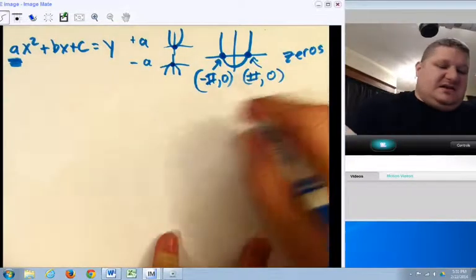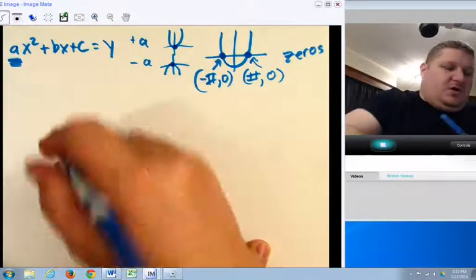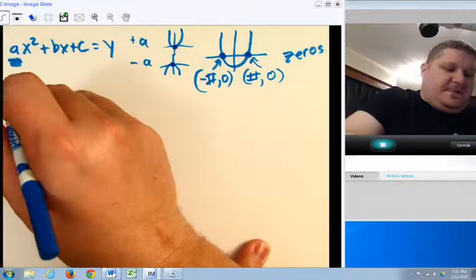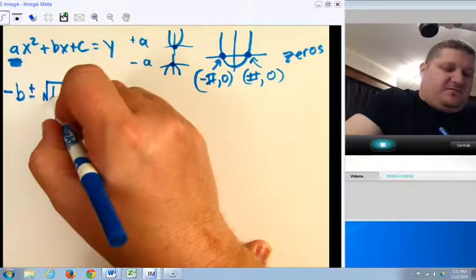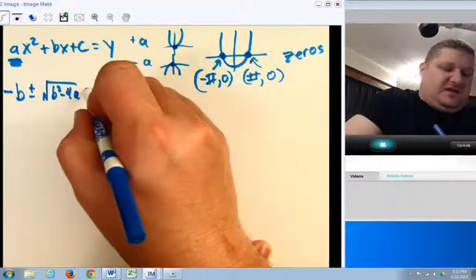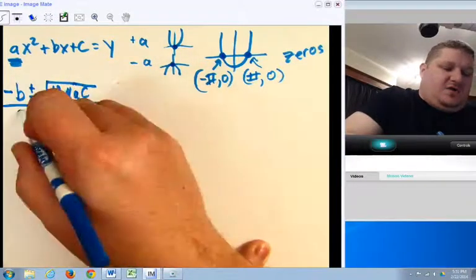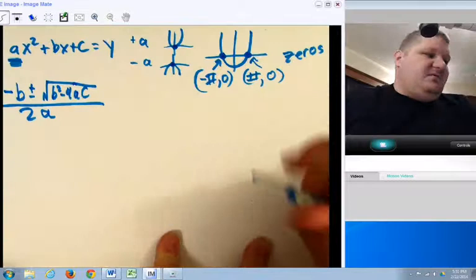The nice thing is we can do all of this work with exactly one formula. Opposite of b plus or minus the square root of b squared minus 4ac, all over 2a. Now, we've already talked about this.